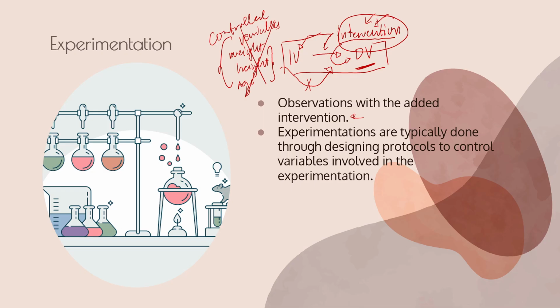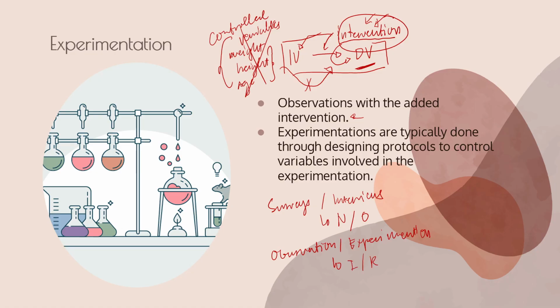Now, just to give a quick summary of our methods of data collection, you have your surveys and you have your interviews. And these are methods of data collection that typically take nominal and ordinal data, whereas your observation and your experimentation would take interval and ratio data.